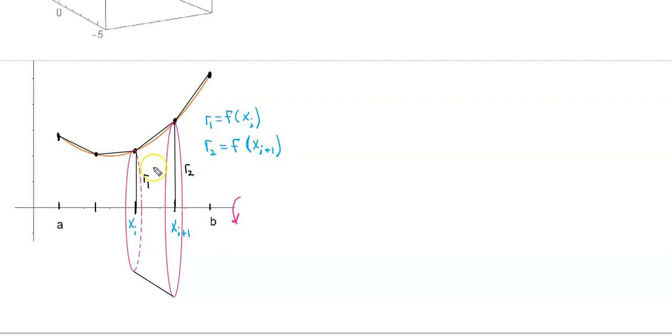And so you see that's the relationship between the radii and the function f. And let's also label the length of that line segment right there as delta L. Now I claim that the lateral surface area of this frustum is then given by this.